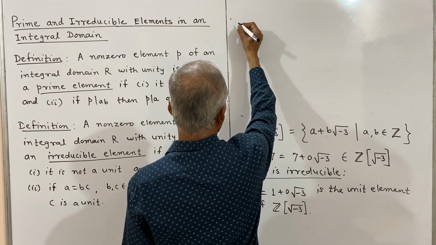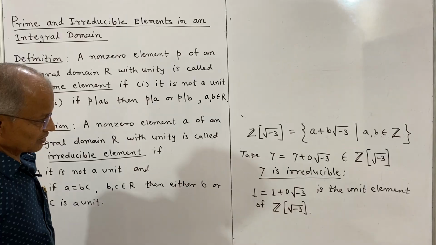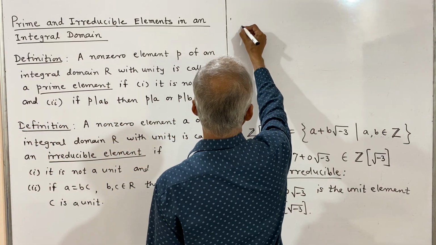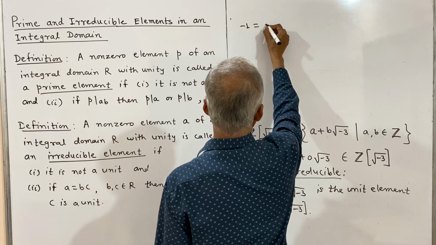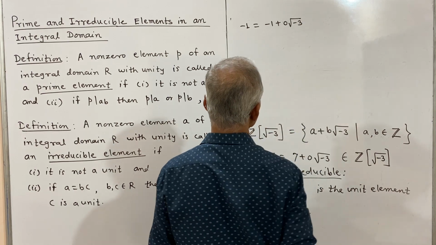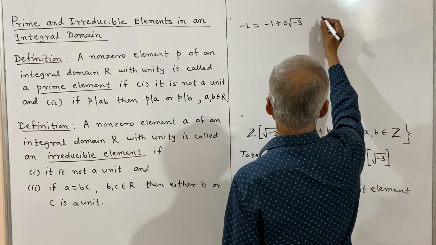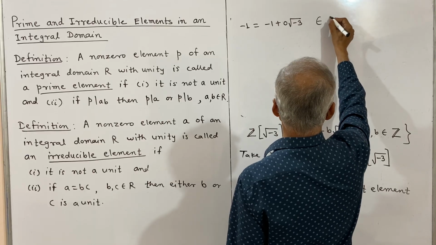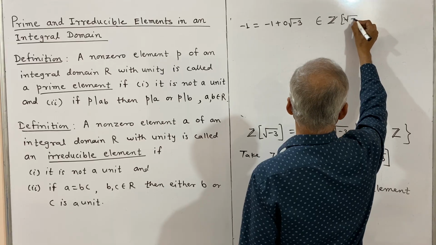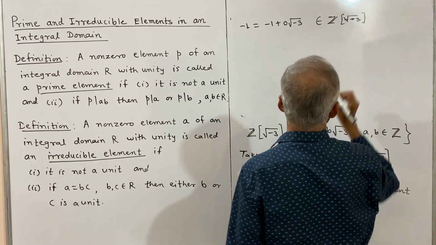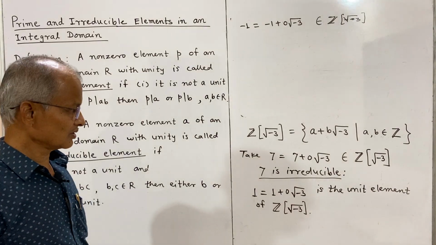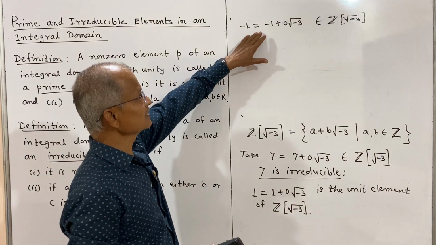See, the units of this ring are 1 and minus 1. Minus 1 is equal to minus 1 plus 0 into root of minus 3, which belongs to this integral domain. And this is a unit of this integral domain, because its inverse is itself.